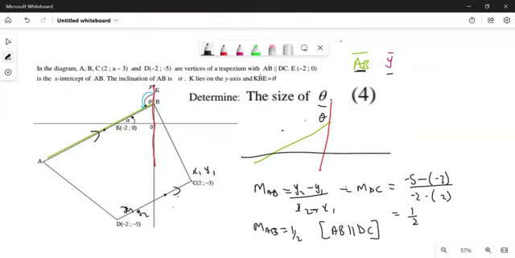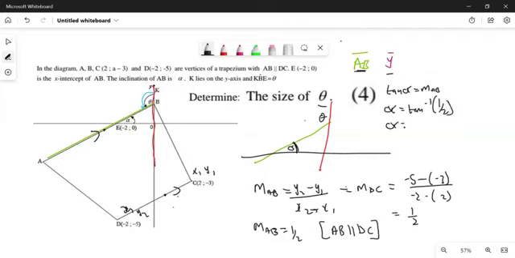Now we can get the angle of inclination here, which is the angle alpha. It's an angle between the green line and the black line, which is the x-axis. So we have tan of alpha, which is given by m of AB. Then alpha is going to be given by tan inverse of 1 all over 2.